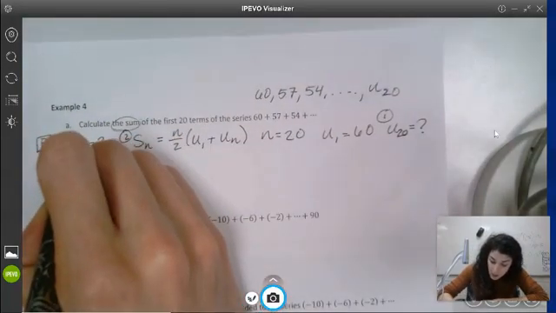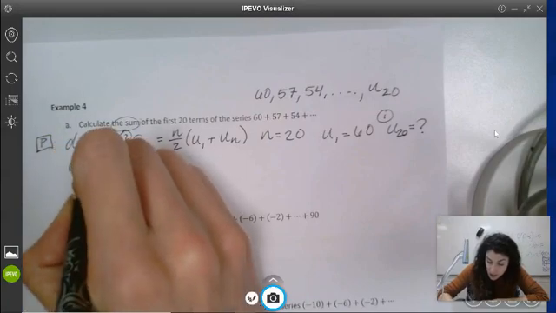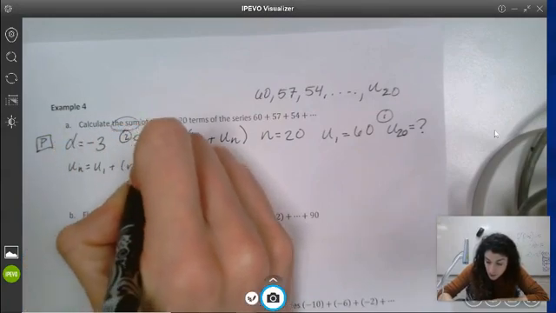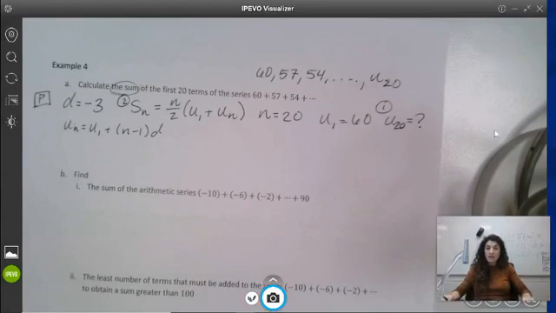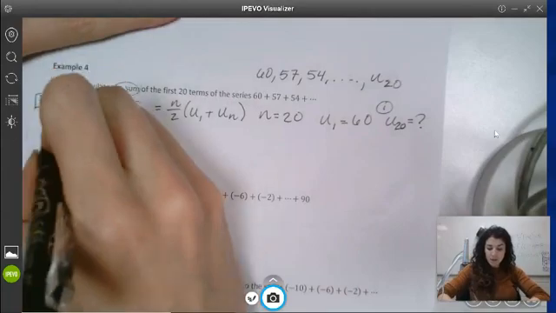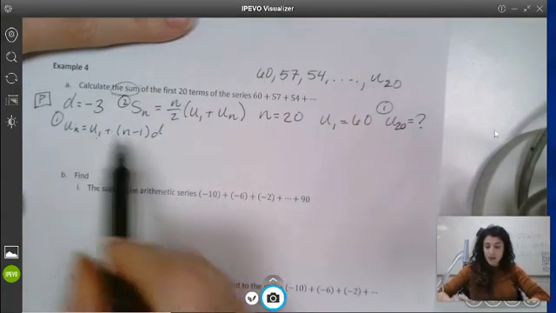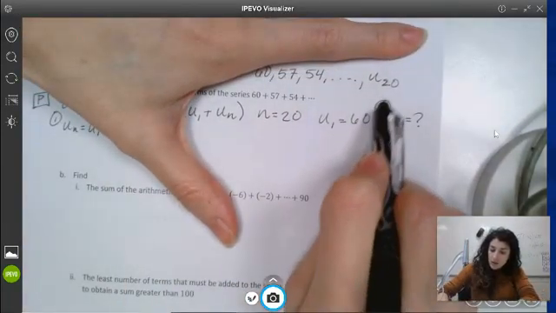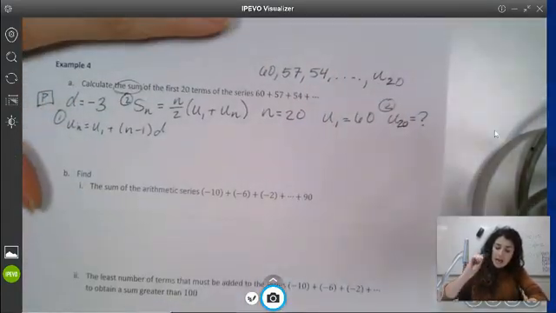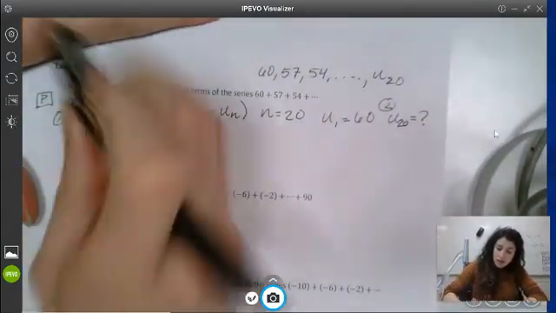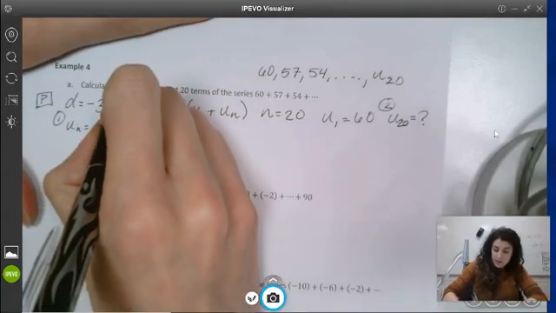So I'm going to say, okay, u sub n equals u sub 1 plus n minus 1 times d. I'm going to use the formula that I have to find the 20th term. Okay, so that shifts my plan a little bit. First, I need to find this formula, and then the 20th term, and then I can find what the sum is.